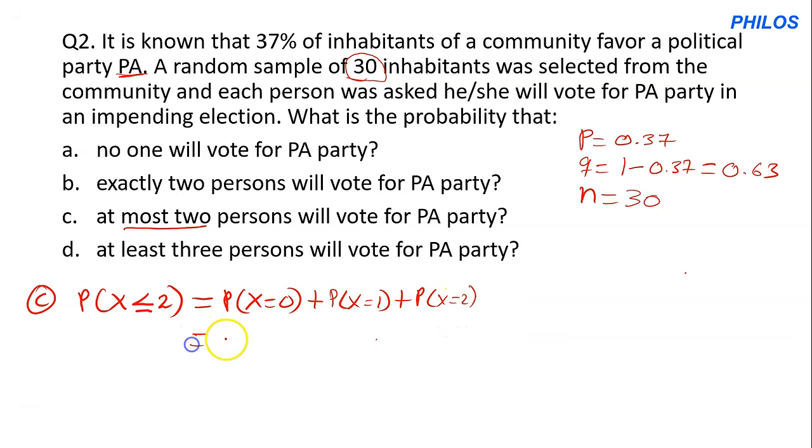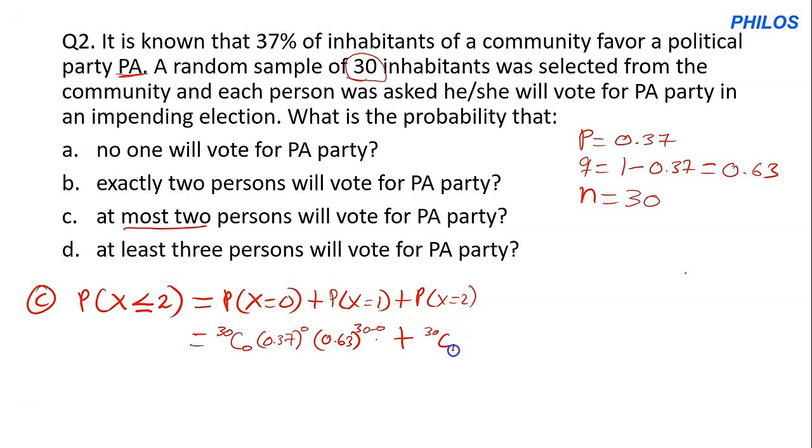So to do that, you can say n combination x, which is 0, then P, which is 0.37 exponent 0, times 1 minus P, which is 0.63 exponent 30 minus 0. Then plus. What you've written here is just the probability that x is exactly 0. So you find this as well.